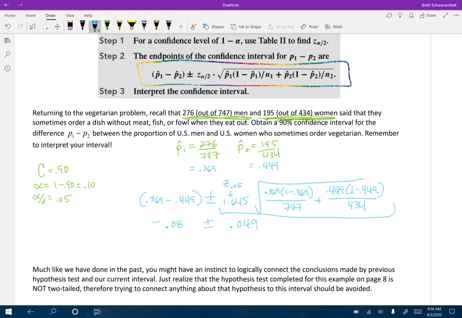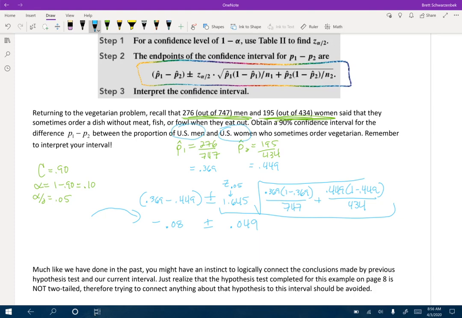Just a note here: on the left side, we actually have a negative answer. Students sometimes can be a little confused by this, but you are going to get a negative answer if p1 is smaller than p2 right off the bat, and it is. That's not a bad thing.